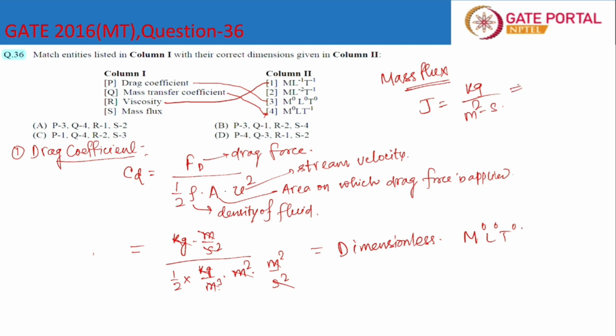So the dimensions will be m, that is for mass, L minus 2 T minus 1. So this 2. So the final answer will be A. Thank you.